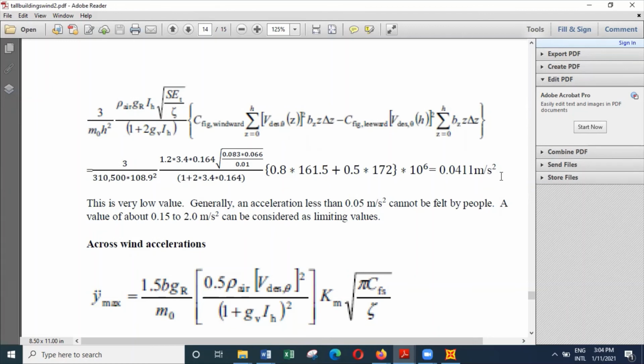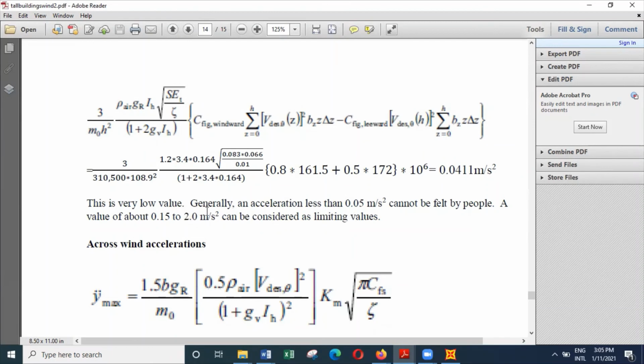And generally, any acceleration less than 0.05 is not felt by people, unless you are very sensitive to any movement. Generally, it's not felt by people. And the maximum acceleration is considered as something like 0.15 to 0.2 meters per second squared, as a limiting value.